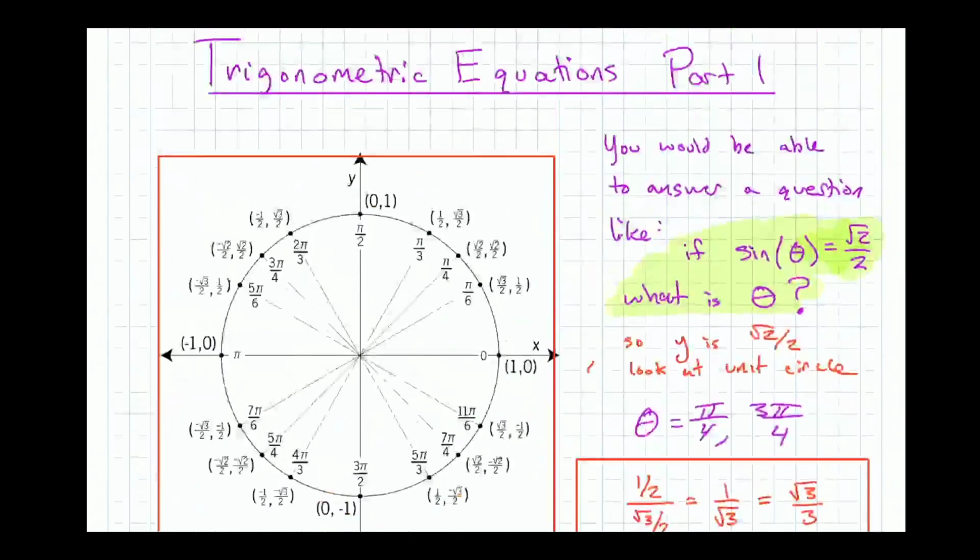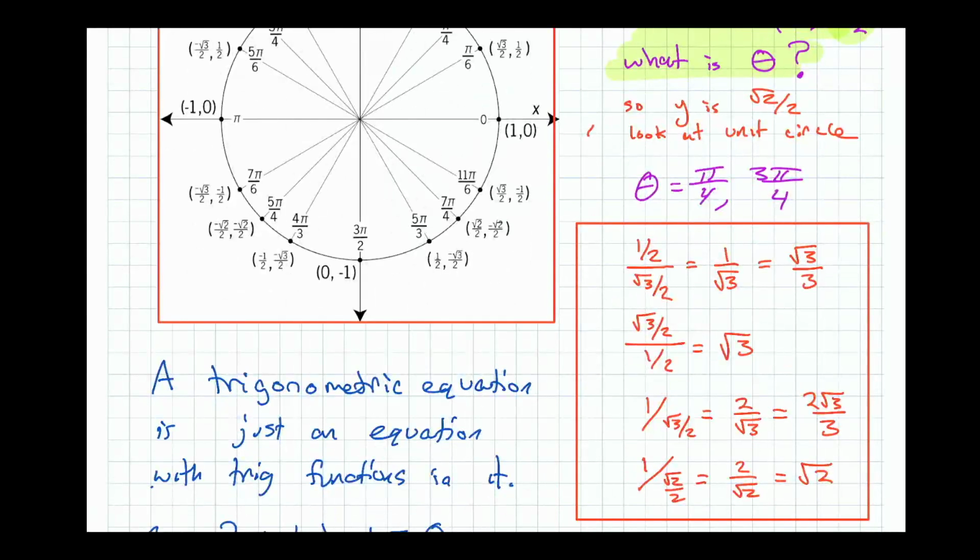So you just come up here and say, well, where is the y value negative 1/2? And I find one right here, and I find another one right here, right? That's where the y value is negative 1/2. So what are the angles? The angles are 7 pi over 6 and 11 pi over 6.